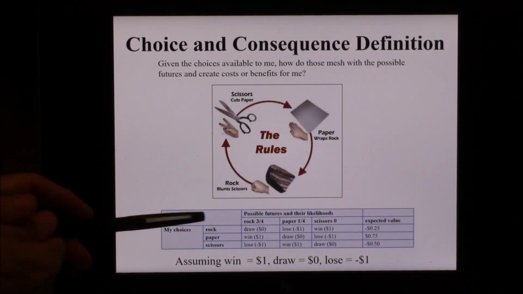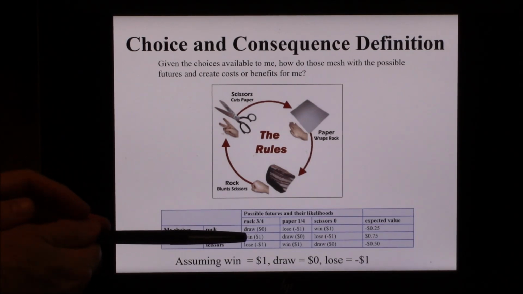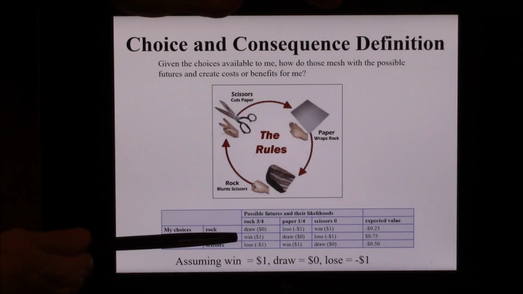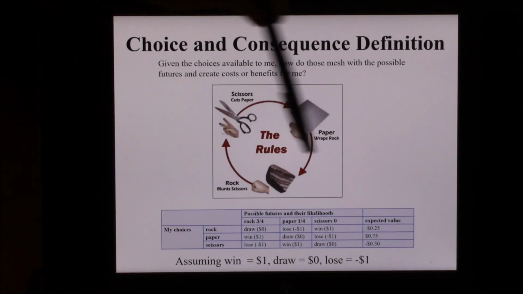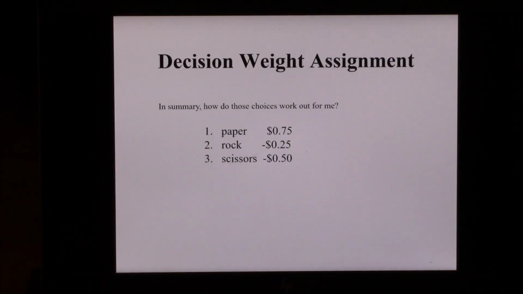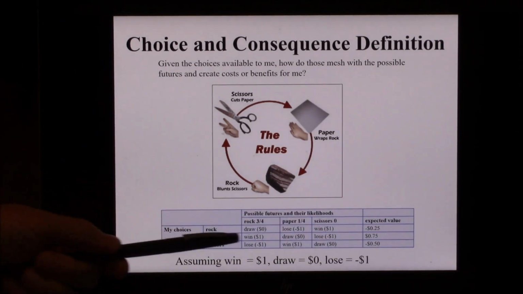And so if we both pick rock, it's going to be a 0. If we both pick paper, I'm going to win $1. I'm sorry, I'm an idiot. If I pick paper and you pick rock, I win $1, and so on. And then over here, I'm weighting those, and this really kind of gets into the next part of the decision, but I'm weighting them by how likely they are.